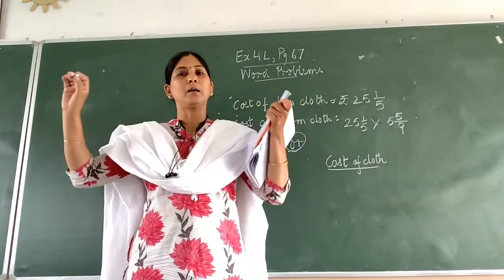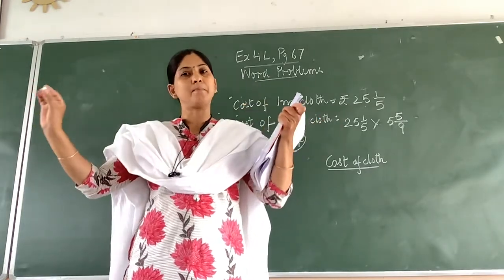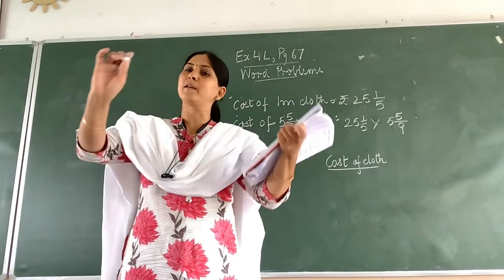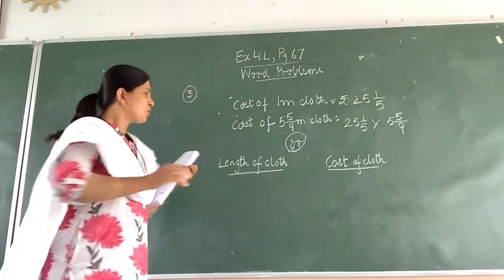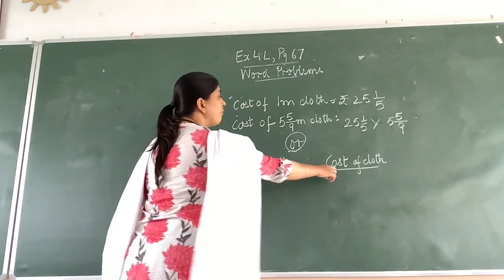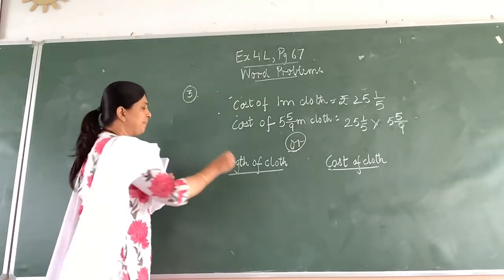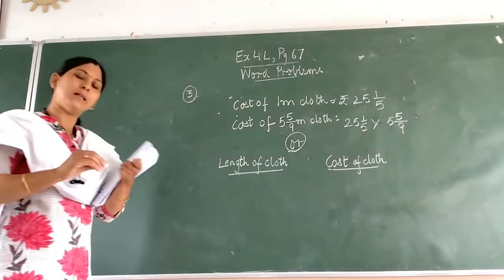So the shopkeeper has a measuring rod. With that, he measures the length of cloth and gives you the cloth. So there are two headings. We have to find what is the cost of 5 and 5/9 meter of cloth. So cost will come on the right hand side and length of cloth will come on the left hand side.